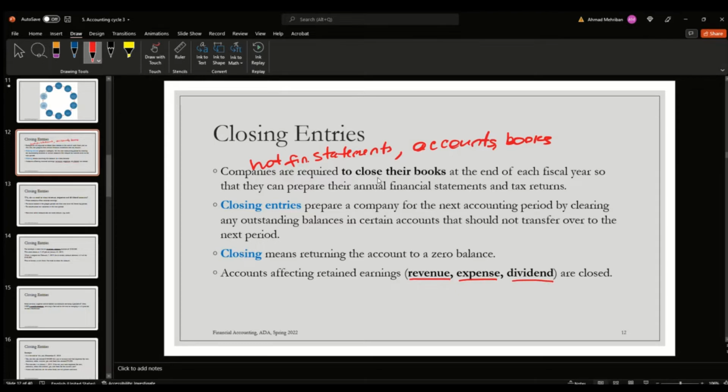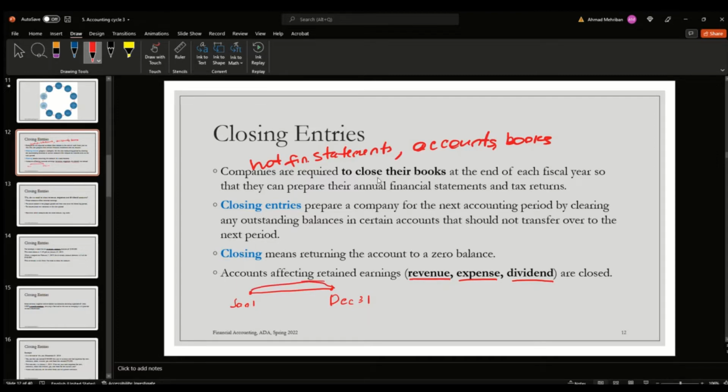Because if you remember, the revenue, expense, and dividends provide information from a specific period, let's say January 1 to December 31. They provide what you have earned in terms of revenue, what the expenses were, and how much the dividends were.